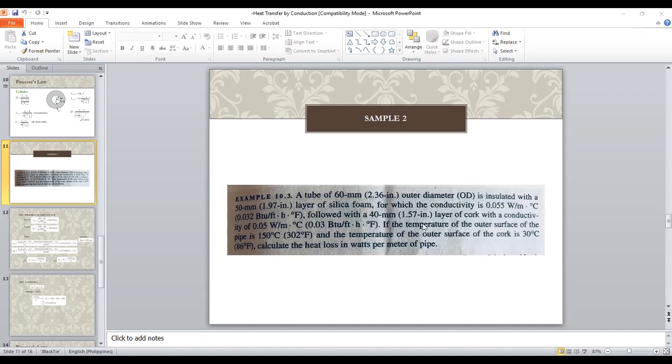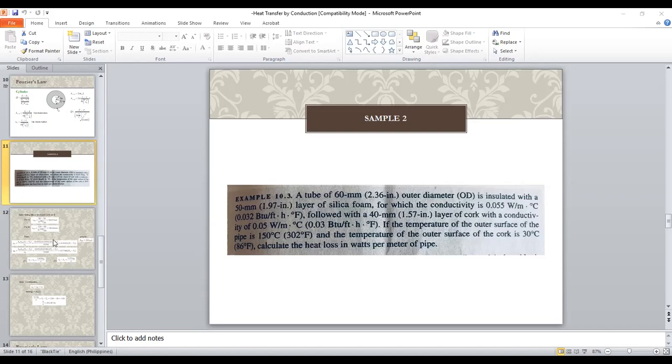So now we go to the next slide, which will give us the solution to this problem. The outer diameter of the tube is insulated with silica. After that silica, you have another insulation in the form of a layer of cork. So the tube, the silica, and the layer of cork form our cylinder.